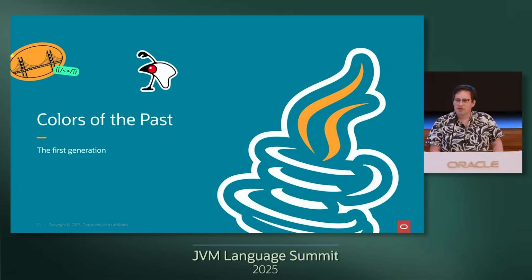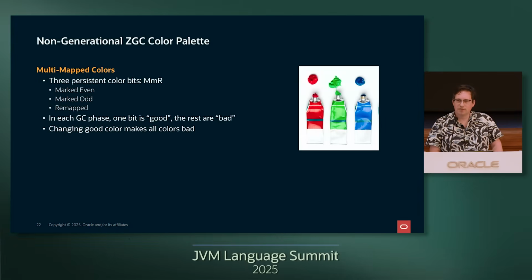This takes us into the colors of the past, what we used to do, in particular talking about the non-generational version of ZGC. What we did then is we used multi-map memory, and we mapped the same virtual memory 3 times, corresponding to our 3 colors, with 2 marking colors and 1 color for remapping.